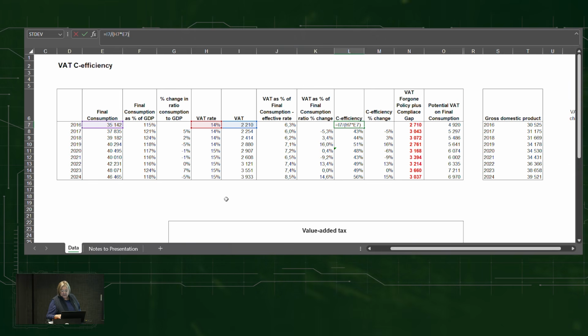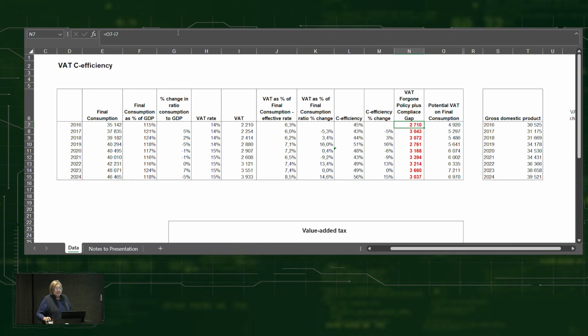You want this C efficiency factor to be as close as possible to 100, because anything away from 100 is actually a gap. You also want to see how much your C efficiency factor explains the changes happening to your total VAT take, so you're also going to do the percentage change in your C efficiency.